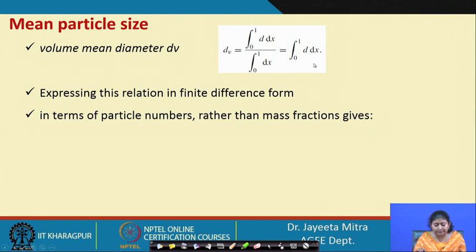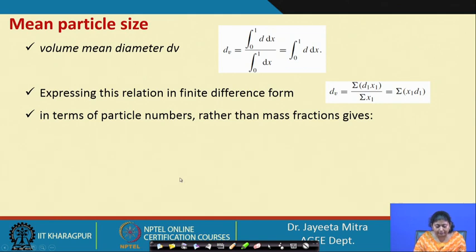So, d is the particular diameter or dimension, and dx is the mass fraction that is increasing, of particular size d. Expressing this relation in finite difference form, we can write dV equal to summation of d1 x1 by summation x1, that is summation x1 d1. So, d1 is a particular dimension, x1 is the mass fraction of that particular dimension.